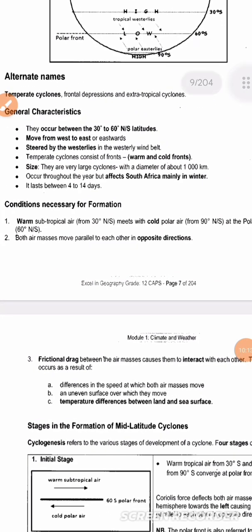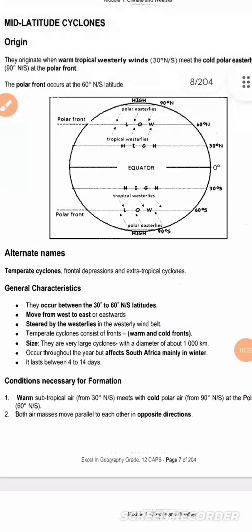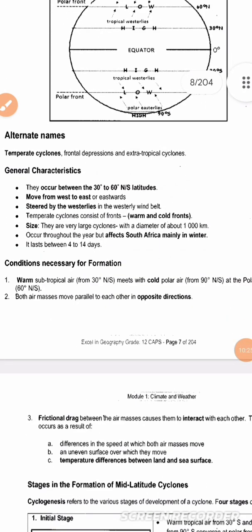Everything that you do, you must also refer to your exam guideline. In the exam guideline, there's this bullet: condition necessary. We've already covered the area and the general characteristics.